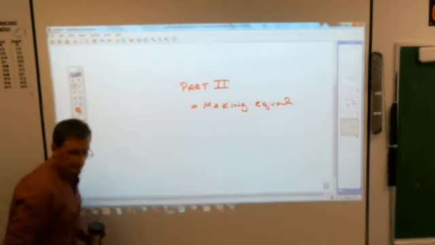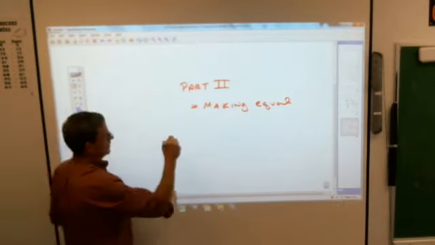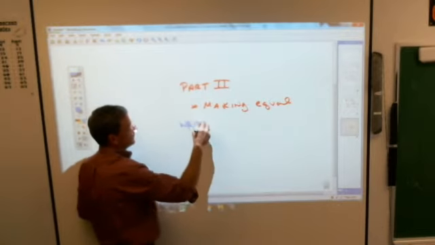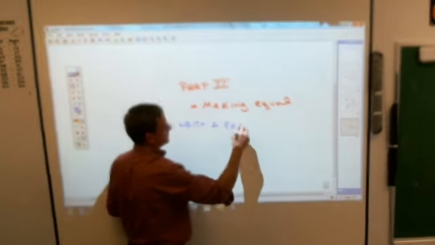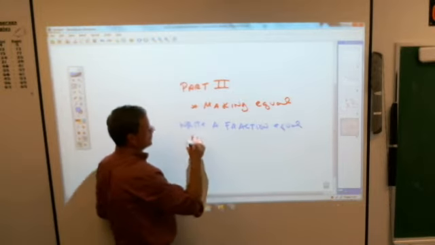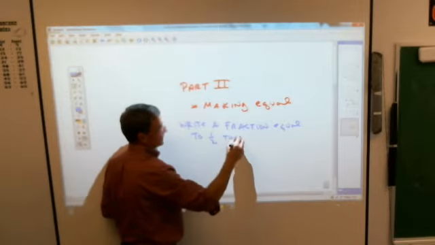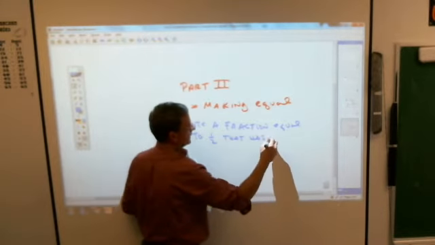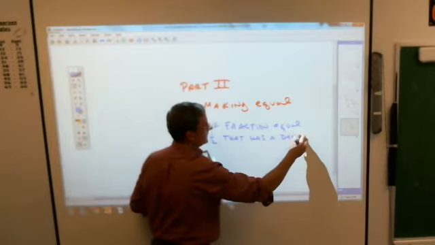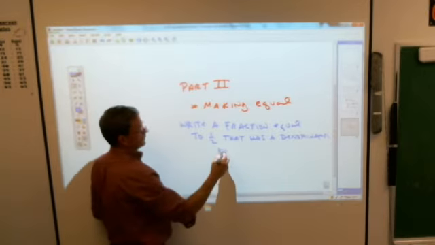They will tell you to write a fraction equal to 1/2 that has a denominator of 100.